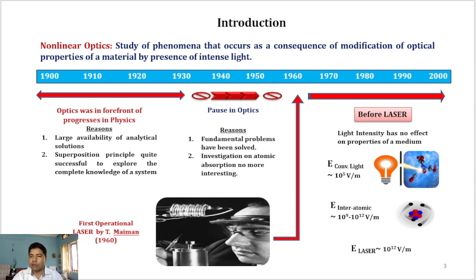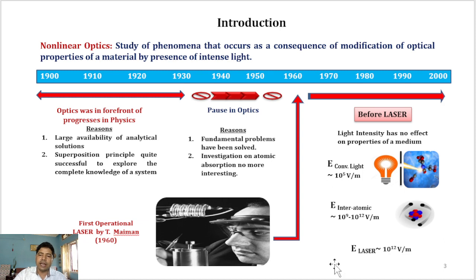It is able to change the molecular structure or excite the molecular atom, but it is unable to go inside the atom, because the electric field strength required in the interatomic domain is 10 to the power 9 to 10 to the power 12 volt per meter, which was not produced by conventional light sources like we used in the days before the advent of laser.